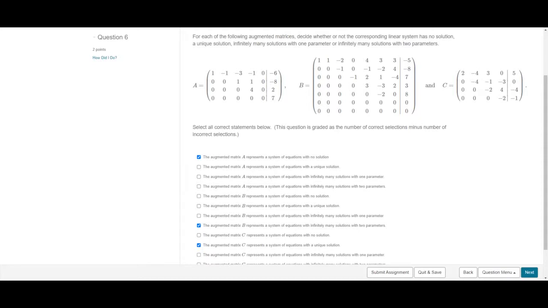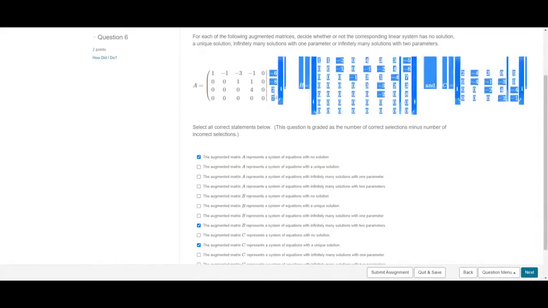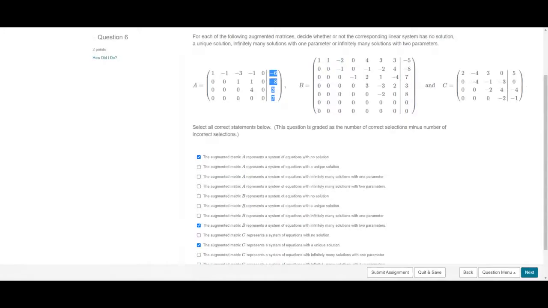Yeah, 0 equals 7. The bottom row sort of tells you, but also the very right-hand column is leading, right? That's a leading column because the 7 is the first non-zero entry in the bottom row. Okay, so definitely there's no solution for that one.